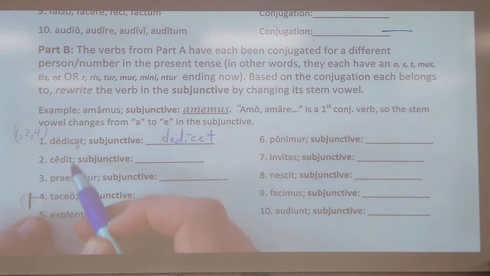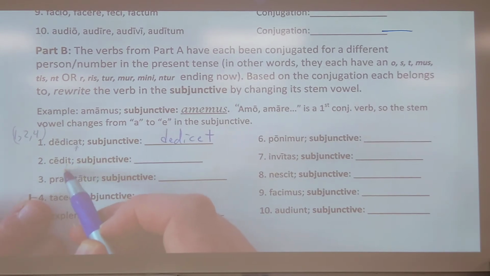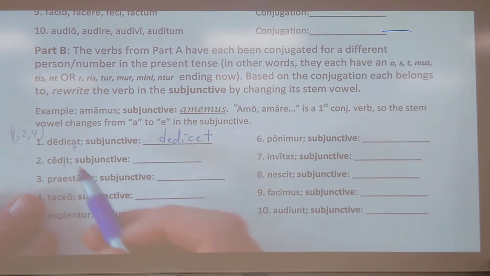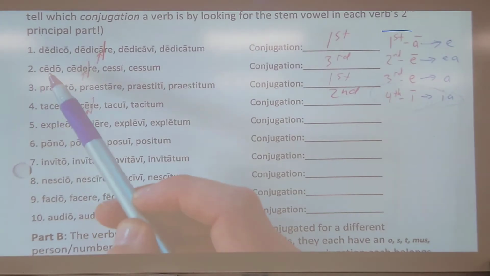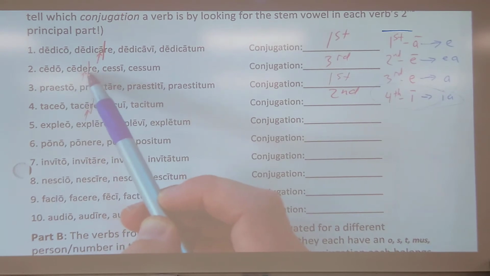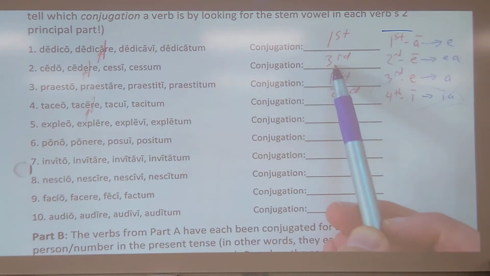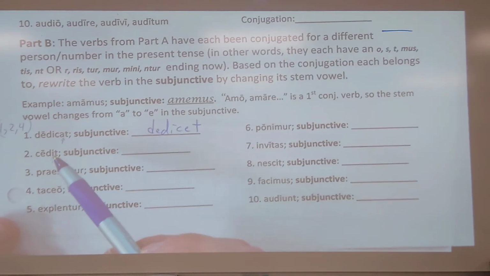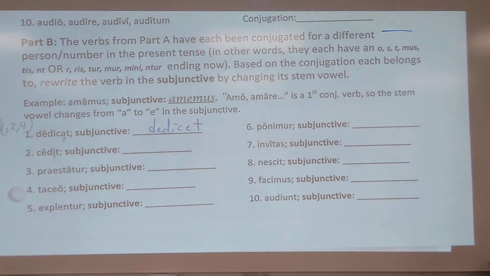We have the verb cadit. Well, cadit has an I in it for various reasons right before the ending. But if you look back up here, we said cado cadere, right? It's the same verb. Cadere, the infinitive, shows us it's a third conjugation verb. The reason that there's an I there is for reasons we don't have time to get into right now.